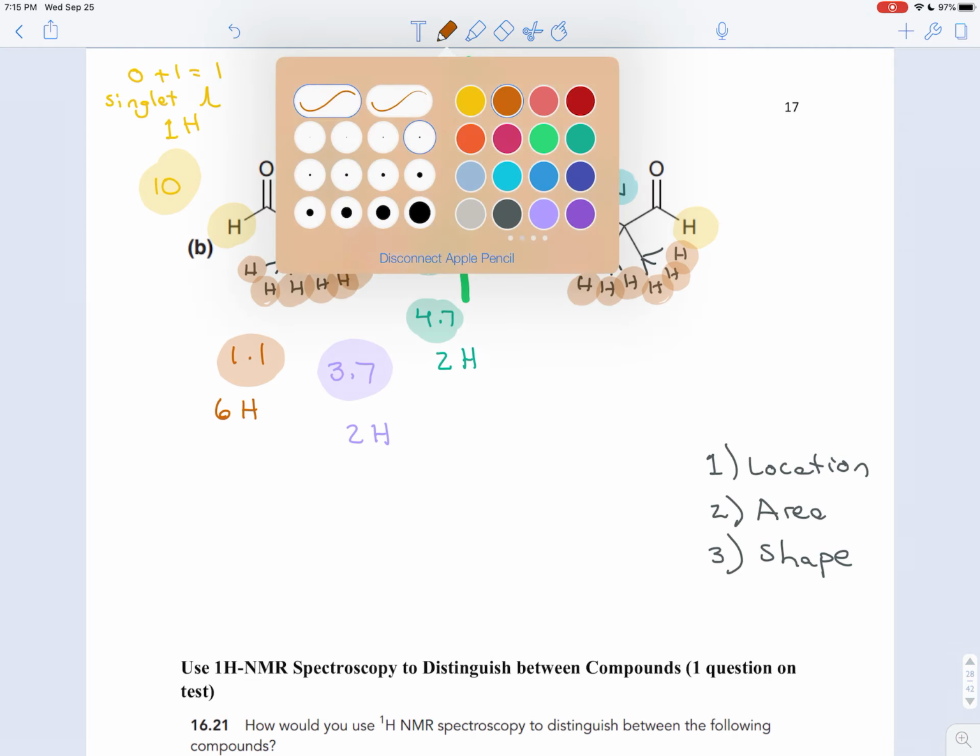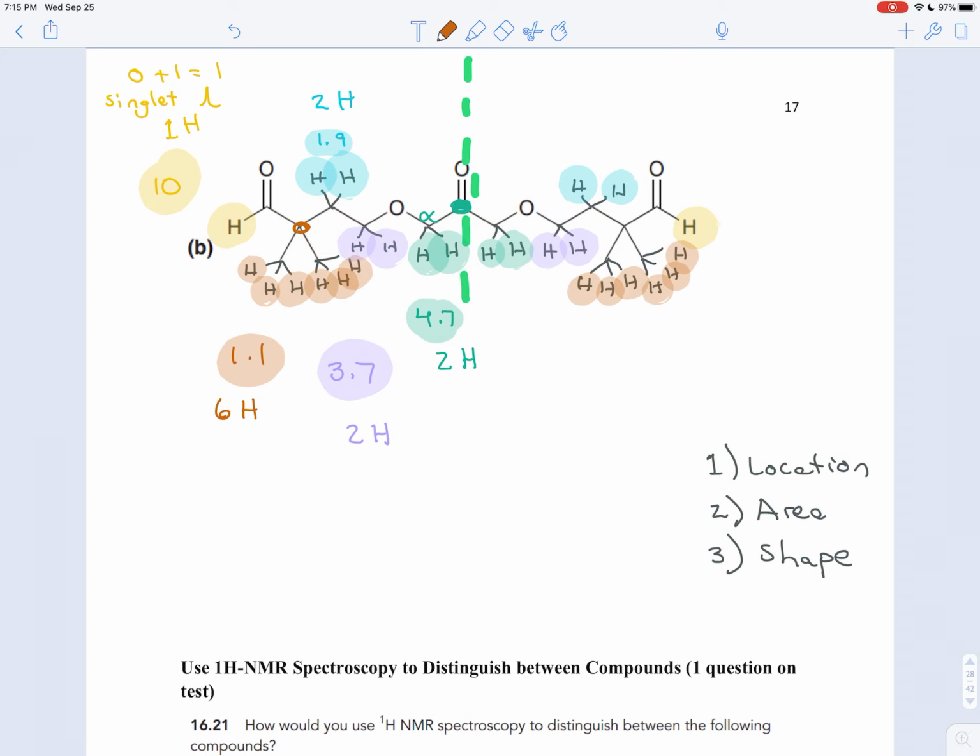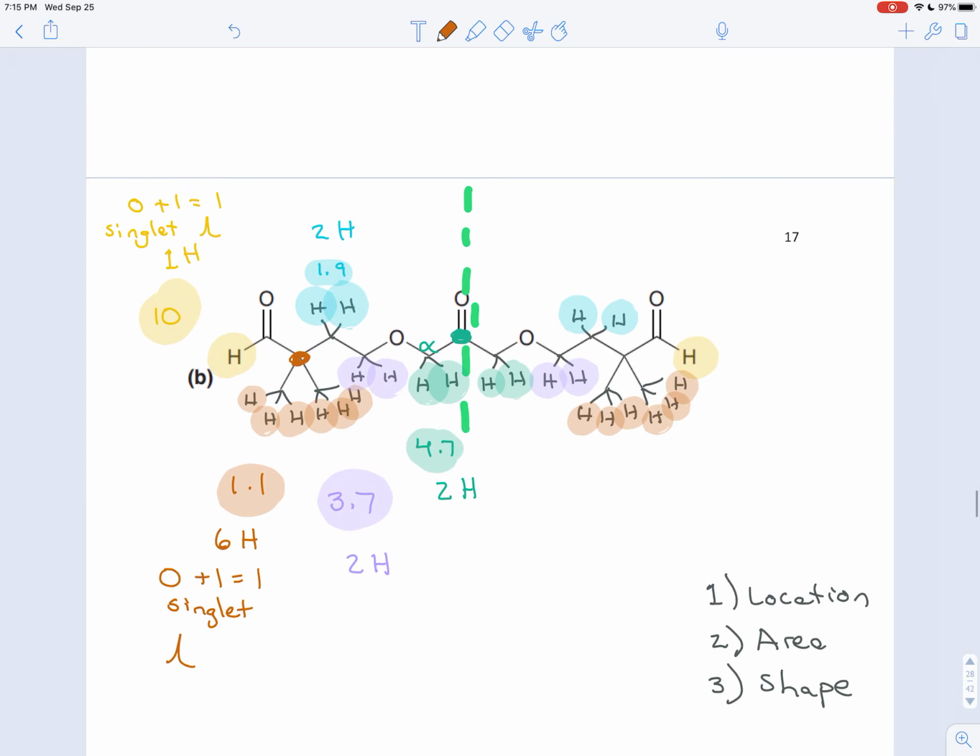For the brown hydrogens, the carbon next door to the carbon attached to them, that has 0 hydrogens on it. So the splitting pattern will be the number of adjacent hydrogens, 0, plus 1. So that will also show up as a singlet. It'll be a taller singlet because we have 6 hydrogens as opposed to the 1 that we had with the yellow, but it'll be a singlet.